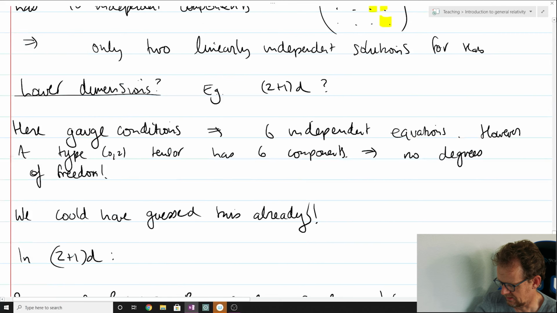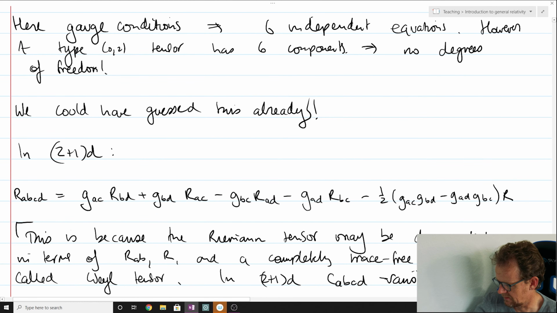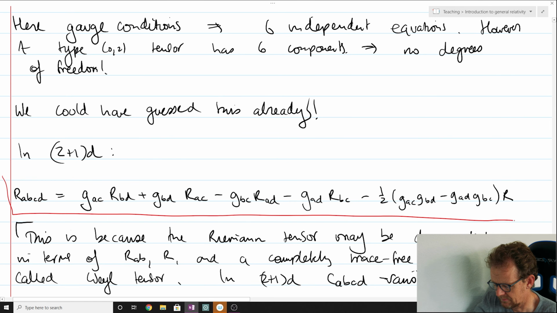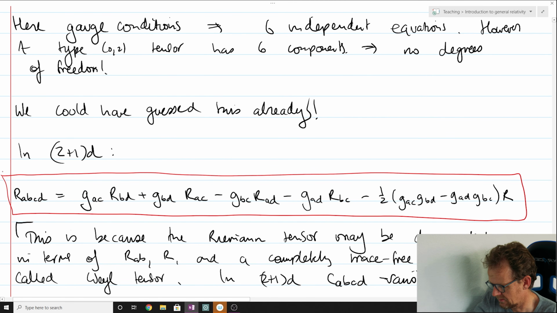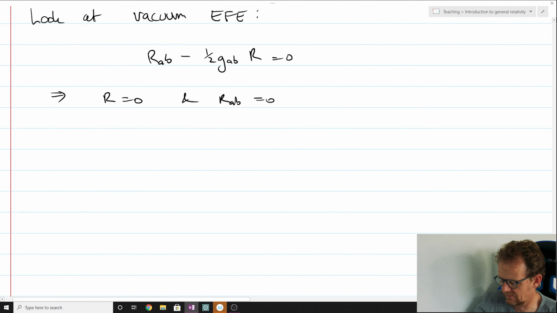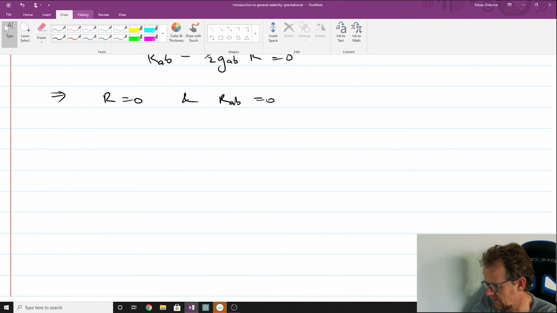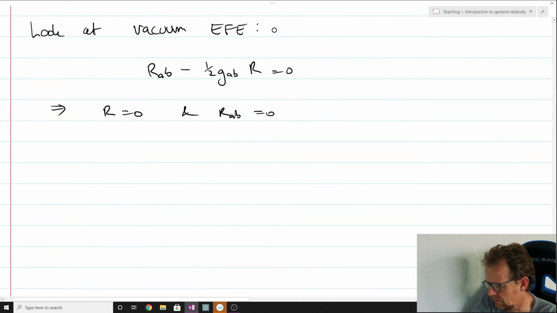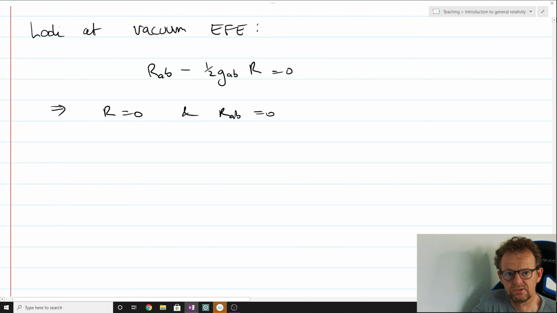But take a look at the condition we have for the Riemann curvature tensor. That tells us that, since R_ab is 0 and so is the Ricci scalar, the whole Riemann curvature tensor vanishes. So the vacuum Einstein field equations in 2 + 1 dimensions already imply the vanishing of the Riemann curvature tensor. There are no possible wave-like solutions to the Einstein field equations in 2 + 1 dimensions.